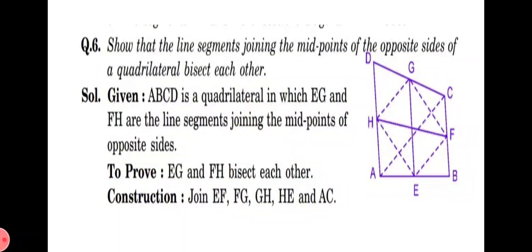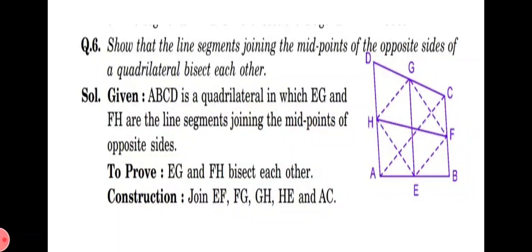Next, question number 6. Show that the line segments joining the midpoints of the opposite sides of a quadrilateral bisect each other. Yes. So for solution, first let's write the given. Given ABCD is a quadrilateral in which EG and FH are the line segments joining the midpoints of opposite sides.